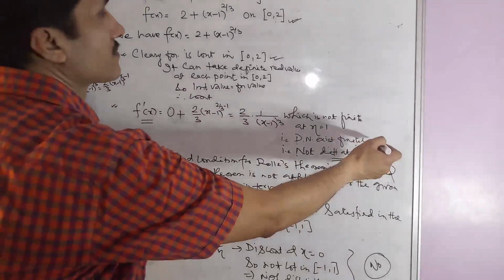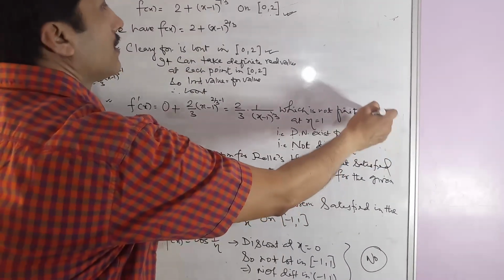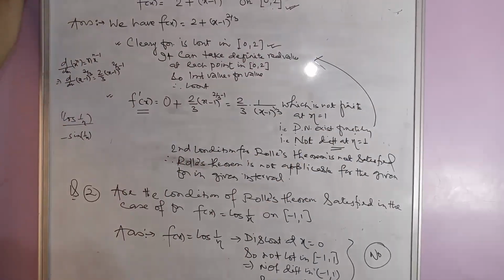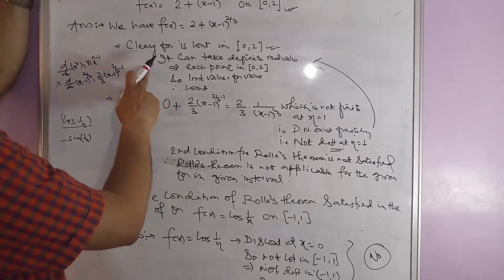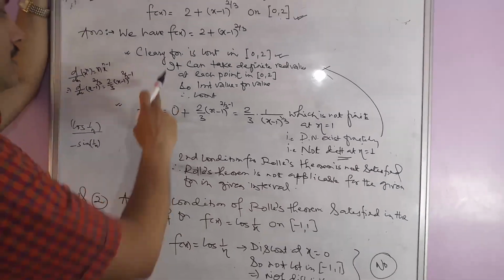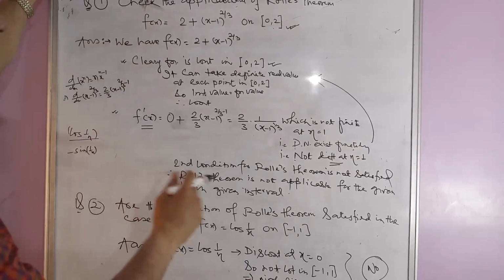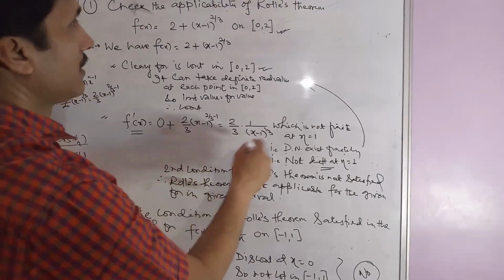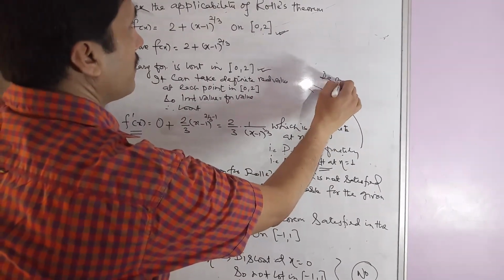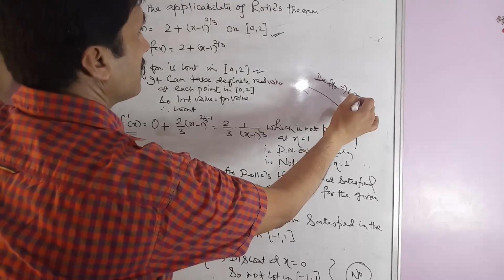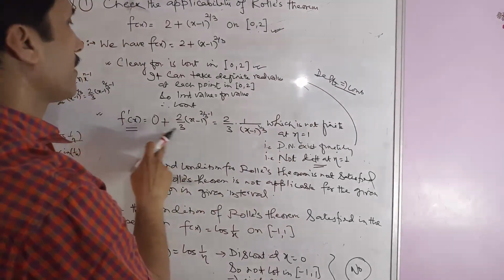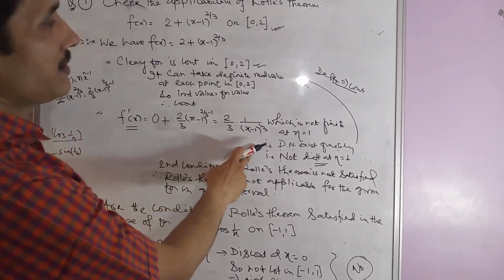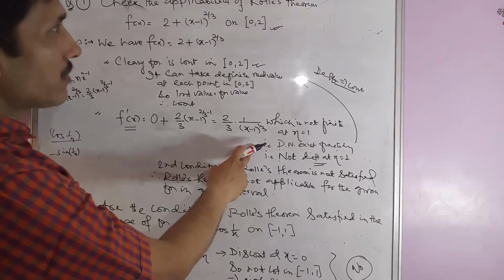Here we do the continuity check by this step. We know differentiability implies continuity. Here f dash x is defined everywhere except x equal to 1.